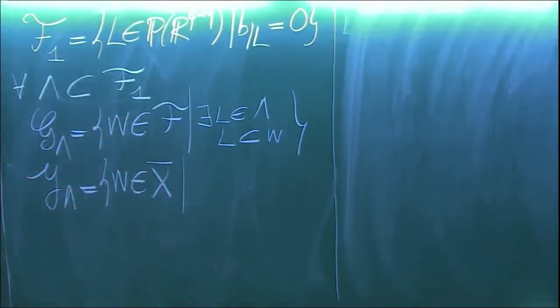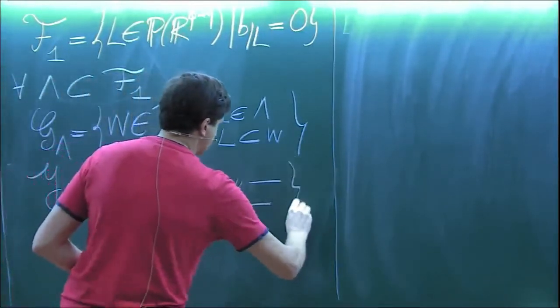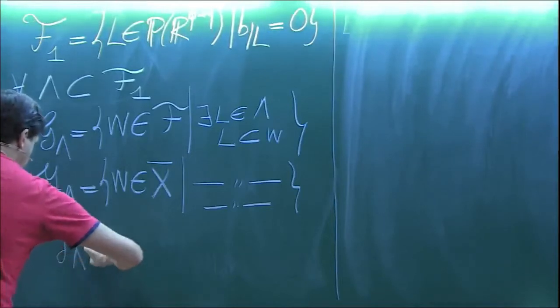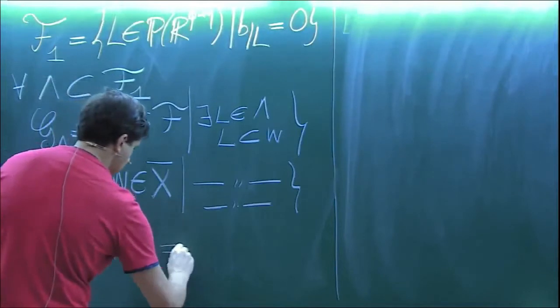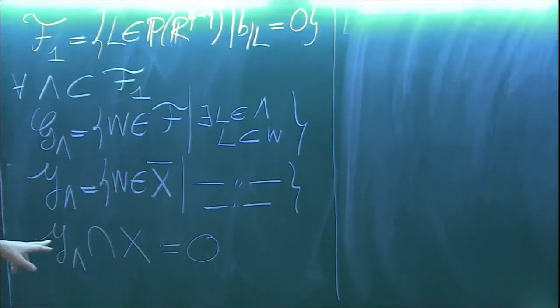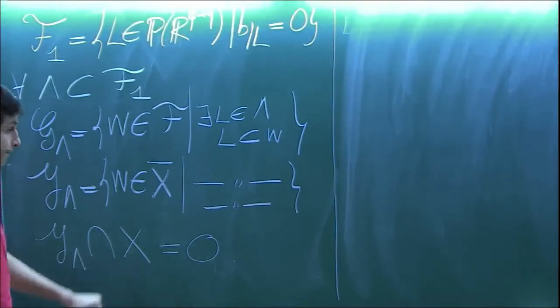So it's the set of W such that there exists L that is contained in W. So note that by construction, the intersection of those sets with X is always 0, because the elements in X are Q-planes where the form is non-degenerate and they never contain any isotropic line.